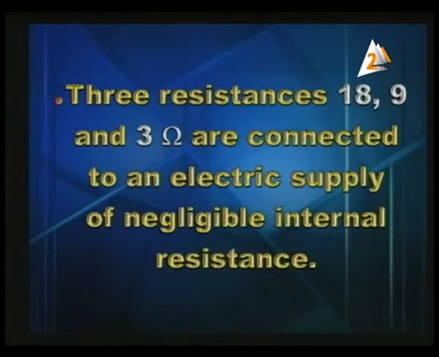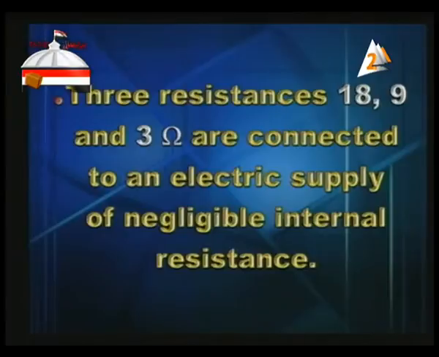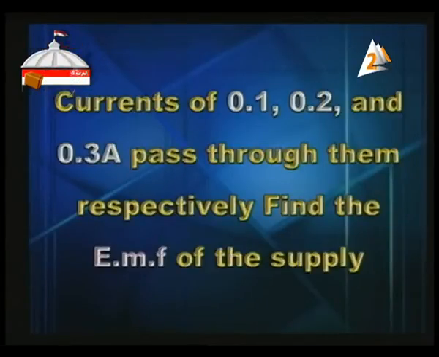Let me say it again. 3 resistances, 18, 9, and 3, are connected to a DC supply of negligible internal resistance. Currents of 0.1, 0.2, 0.3 pass through them respectively. Find EMF of the cell. Find EMF of the supply.